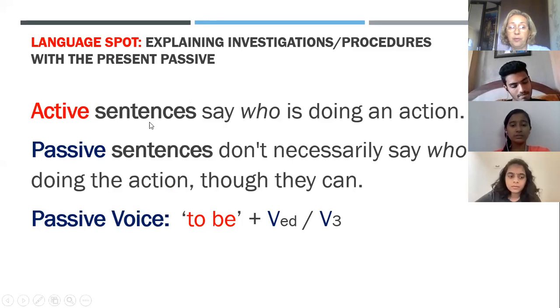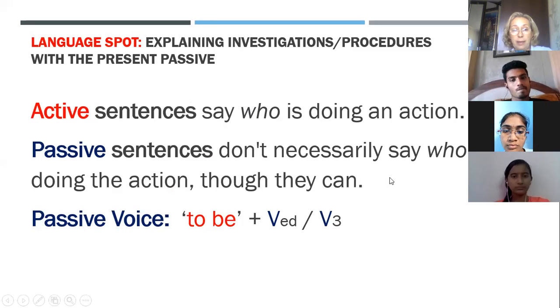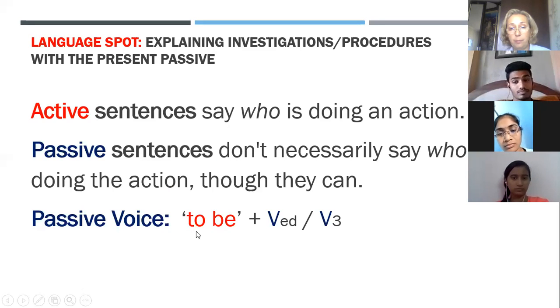And there is the difference between active and passive. Active sentences say who is doing an action, and passive sentences don't necessarily say who is doing the action, though they can say this, but the focus is on the action itself. And the structure of the passive voice is presented here on the slide.